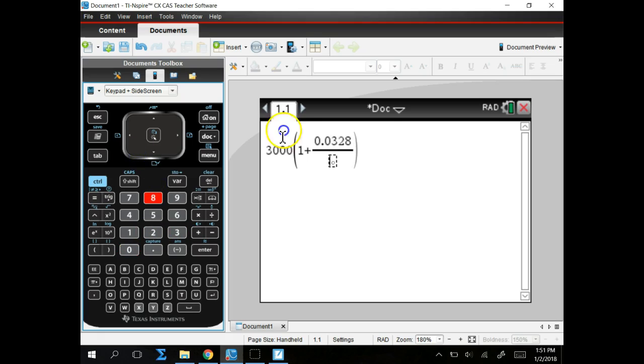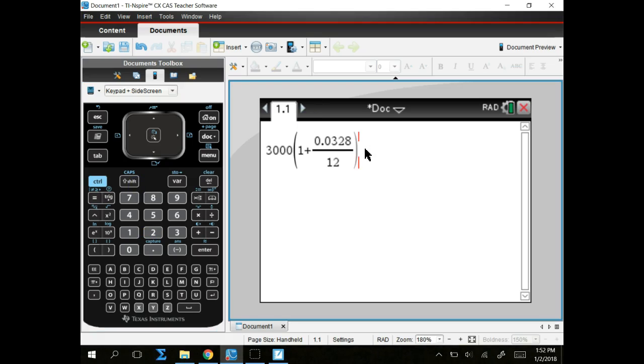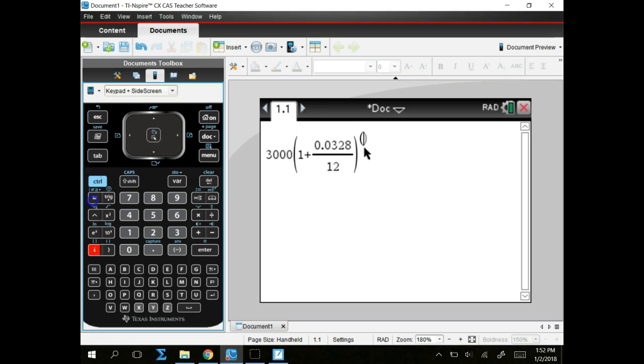Okay, and then we compounded that monthly, and then we're going to take that to the 5 times 12 power. Yeah, buddy? I get $3,533.85.